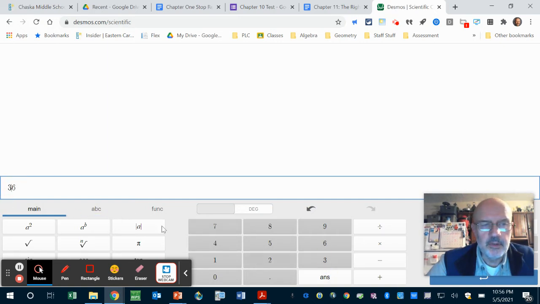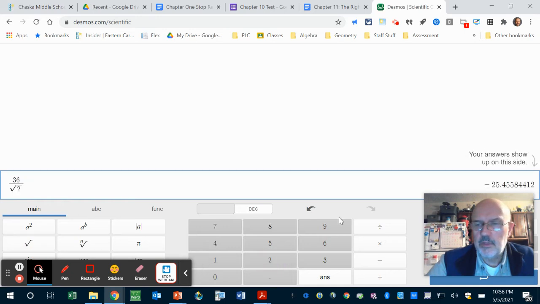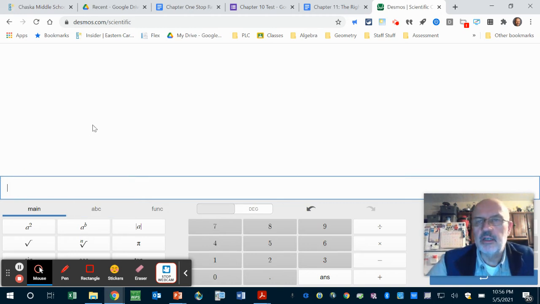Sometimes you miss the button. 36 divided by the square root of 2. And you can see the answer over here, 25.45, which is rounded to 25.5. So you see how we get it.